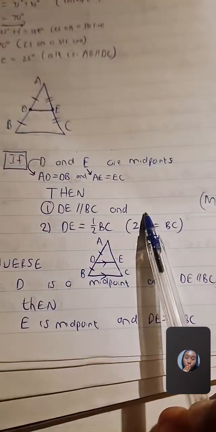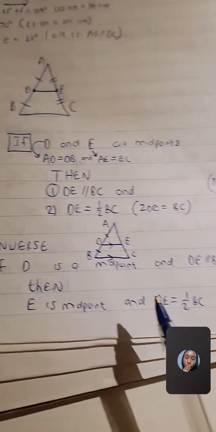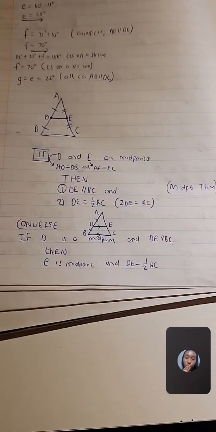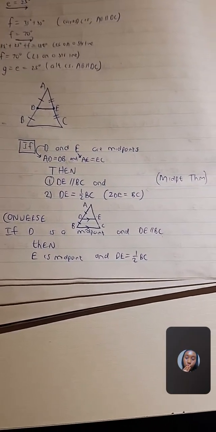The if part is the part that is given to you. What would be the result? That would be the result. That's what you would state as your statement, and this would be your reason. So guys, I just wanted to expose you to that so that you can see that it's so easy. Because now we come to this problem that you guys were asking me to do.